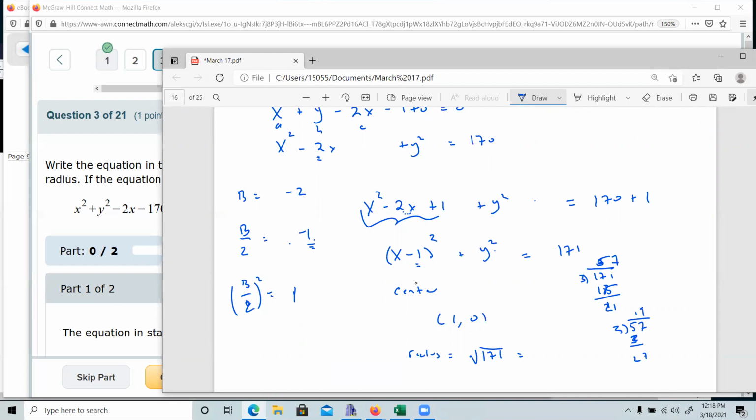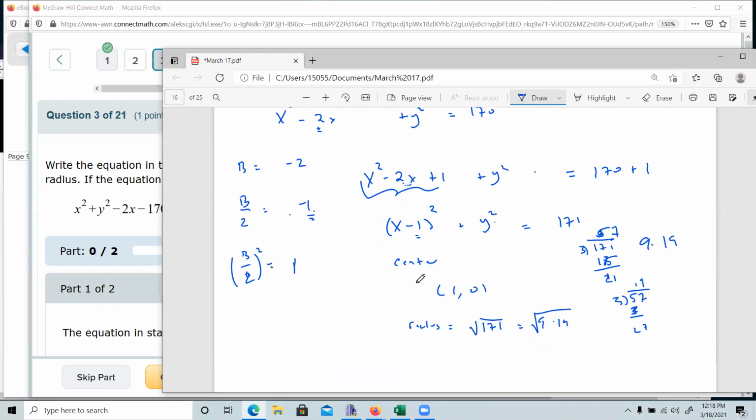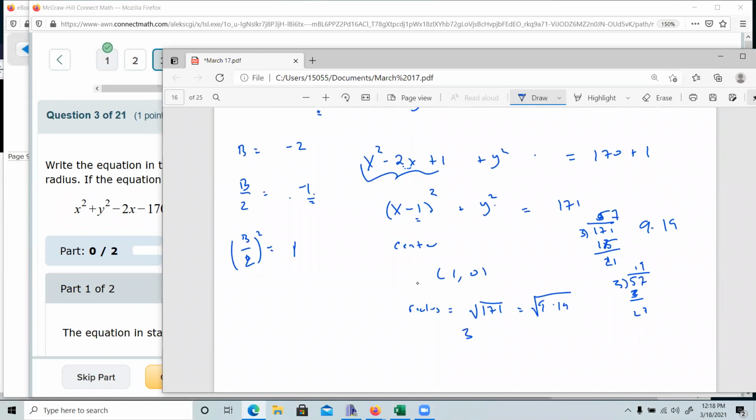So this is 9 times 19 to be 171. Since this is 9 times 19, we're going to take the square root of that. So that's the square root of 9, which is 3, and the square root of 19, there's nothing I can do with that. So we're stuck, but that's going to be my radius.